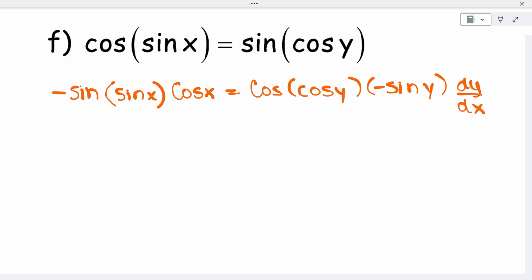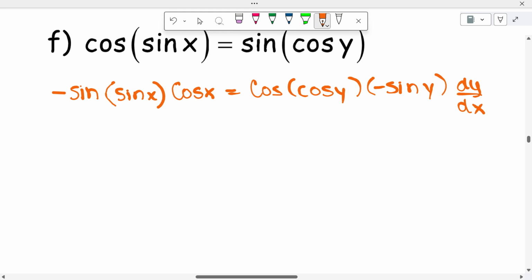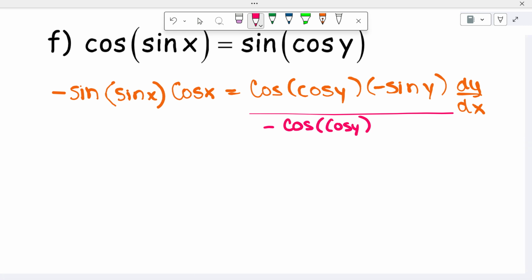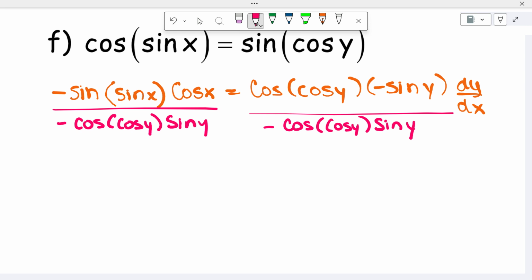Right, so then if we divide that off, so this whole thing, we're dividing off a negative cos y sine y. And there's nothing you can do with that.